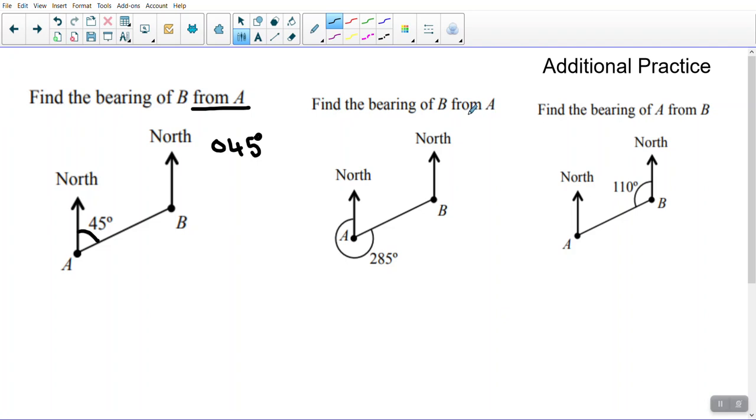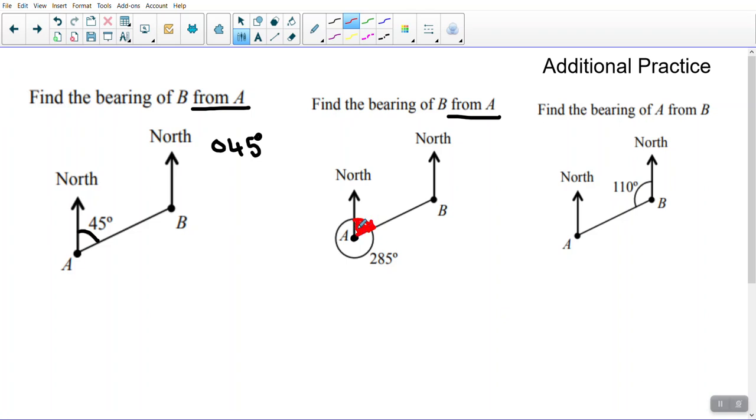Find the bearing of B from A. Again, it's from A, so let's go to A. Then let's go to the north, and we can see that this is what we need to find, but what we are given is the other way around. This is what we need to find, this angle, which is missing, right?